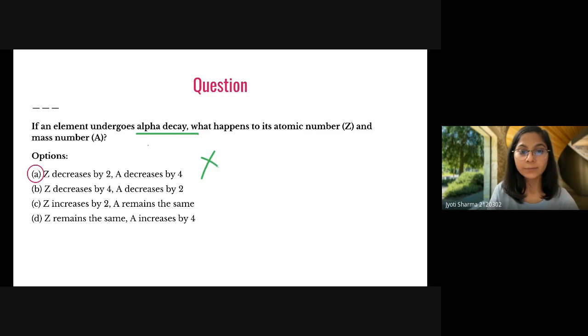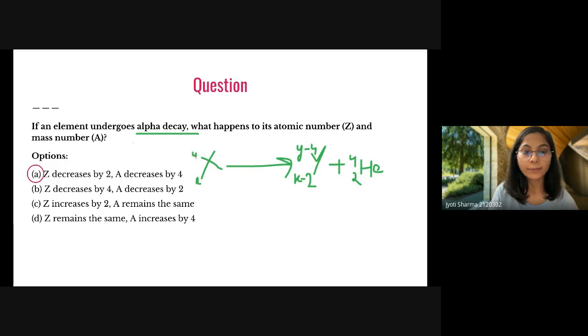You can write it like this: if you have X and this X gives you Y plus helium, with 2 and 4, then this will be x minus 2 and y minus 4, where initially we had x and y.